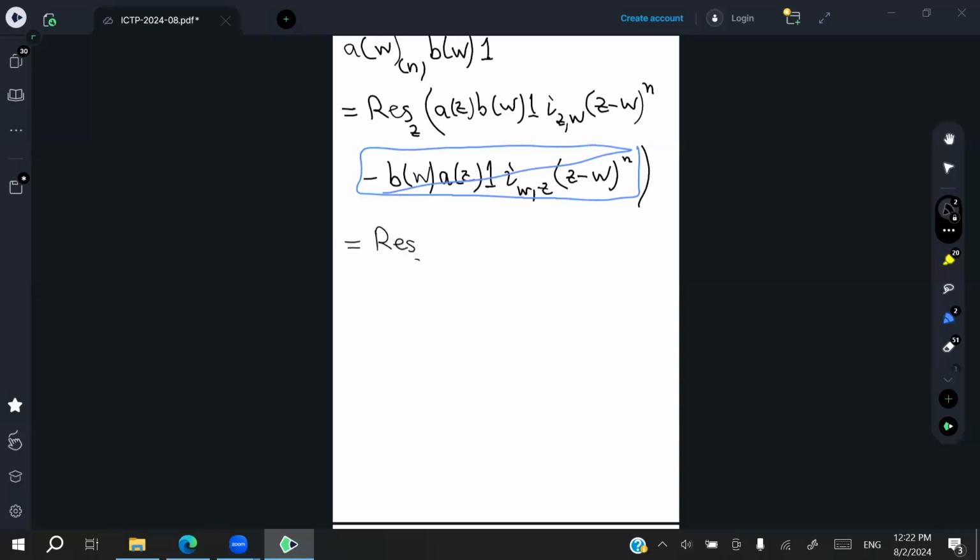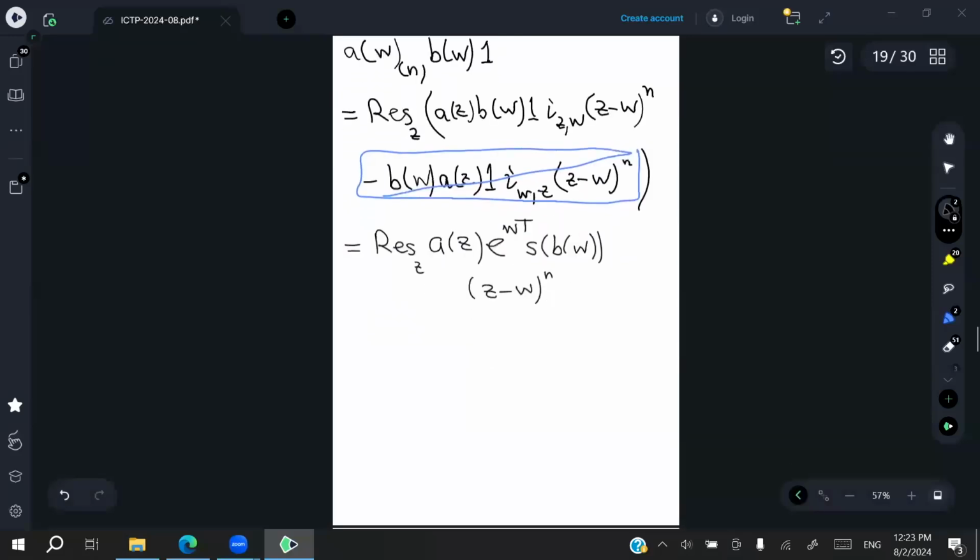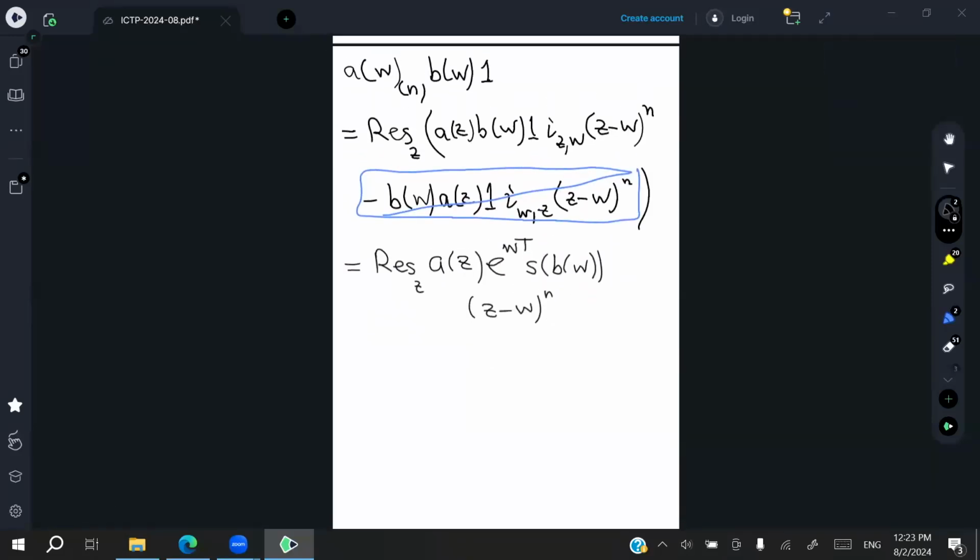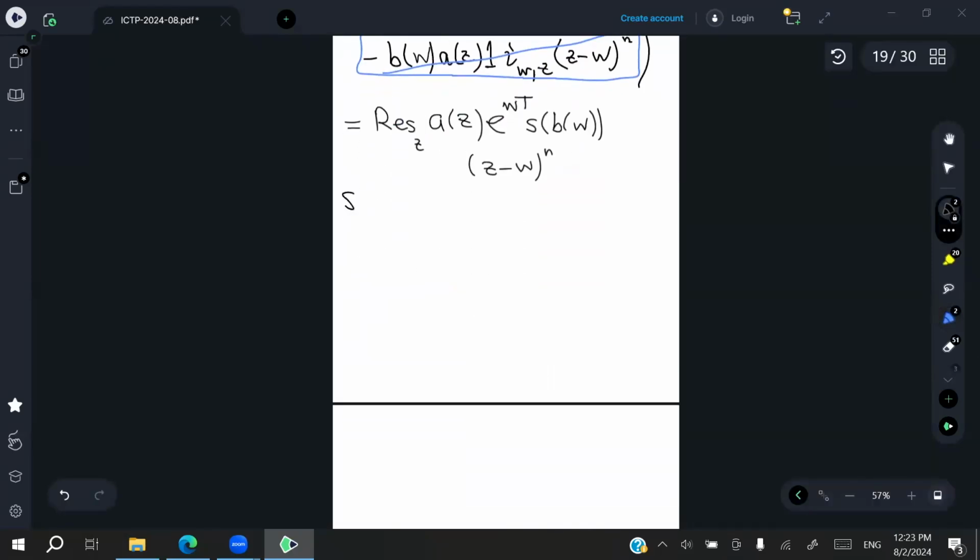What we get is the residue in Z of A(Z), and actually this B(W) applied to 1 is e to the WT S of B(W), multiplied by (Z minus W) to the n. Okay, now S was supposed to be given by, so remember we wanted S of A_(n) B(W).